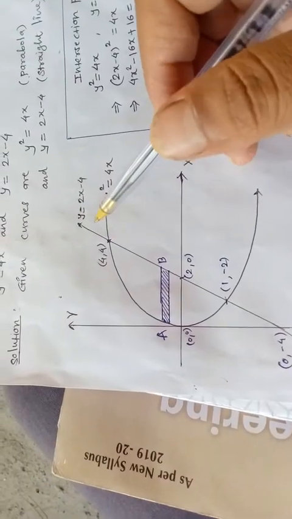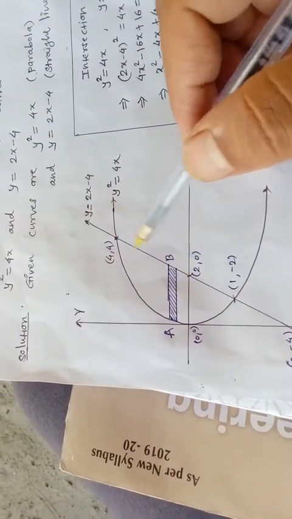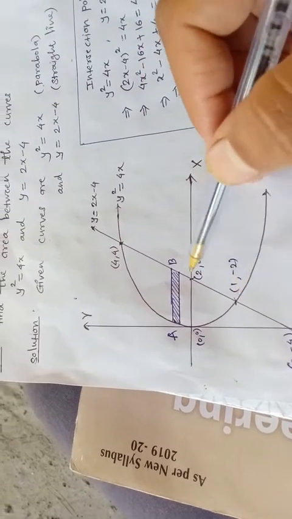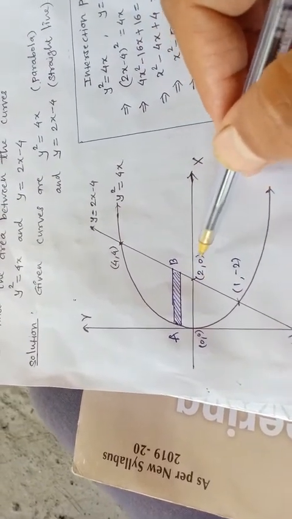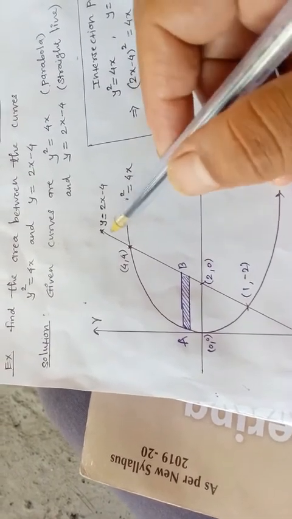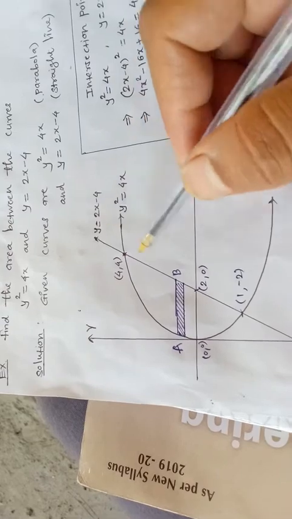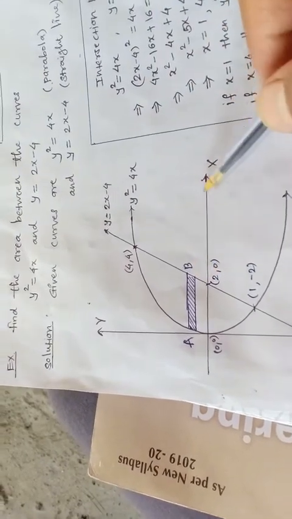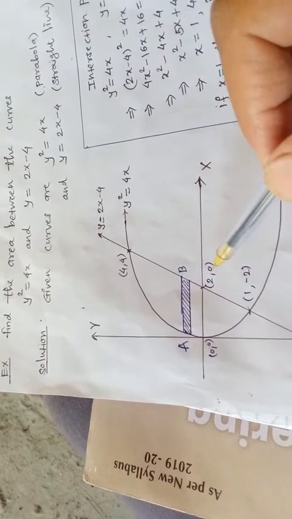Mainly there are three intersection points in this figure. This point, that is point (2, 0), we can find easily by putting y equals 0 in the equation of the line, which means this line intersects the x-axis at the point (2, 0).